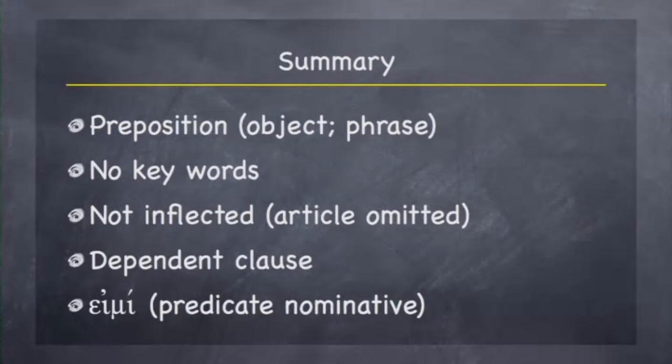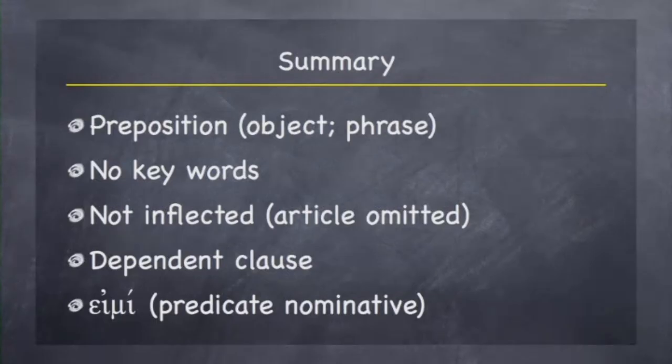And then that whole ball of wax, the preposition and its object and its modifiers, is called a prepositional phrase. You don't use the keywords when it comes to translating the object of a preposition. You just let the meaning of the preposition carry through. Prepositions are not inflected, but they can be elided and aspirated: elided when the preposition ends in a vowel and the next word begins with a vowel, and aspirated in the case of a rough breathing. And don't be surprised to find the article omitted in Greek prepositional phrases.